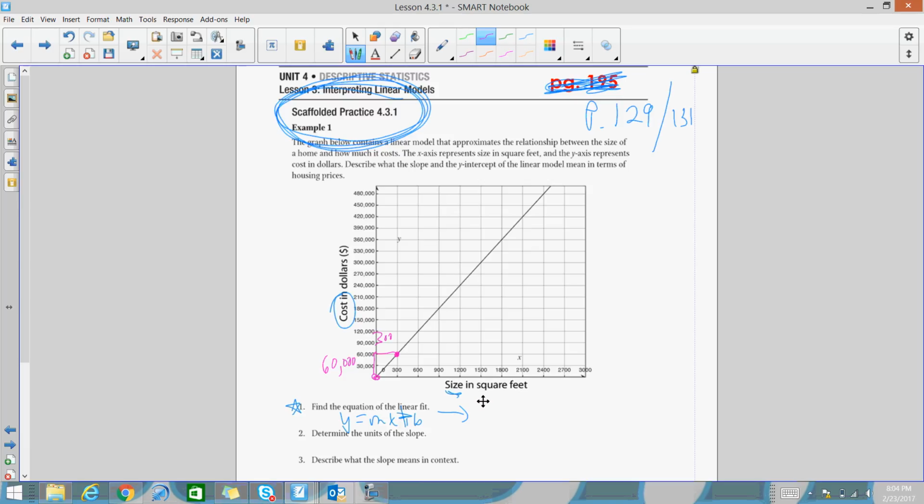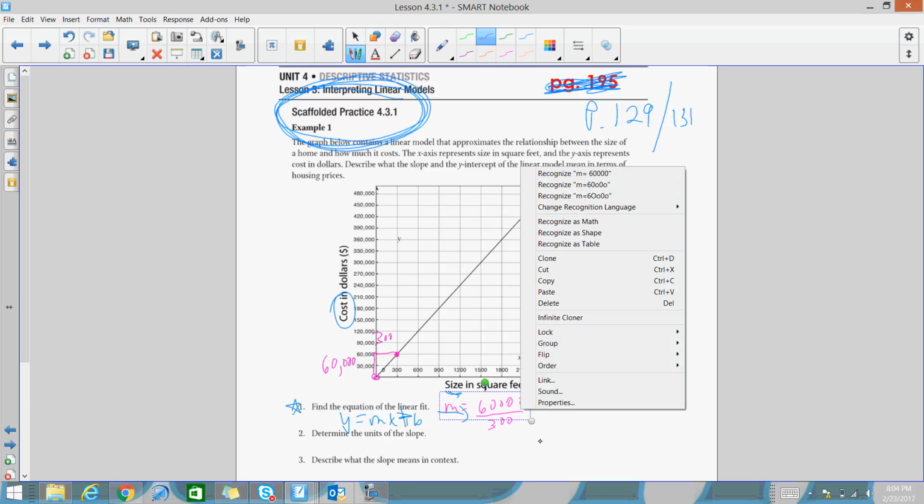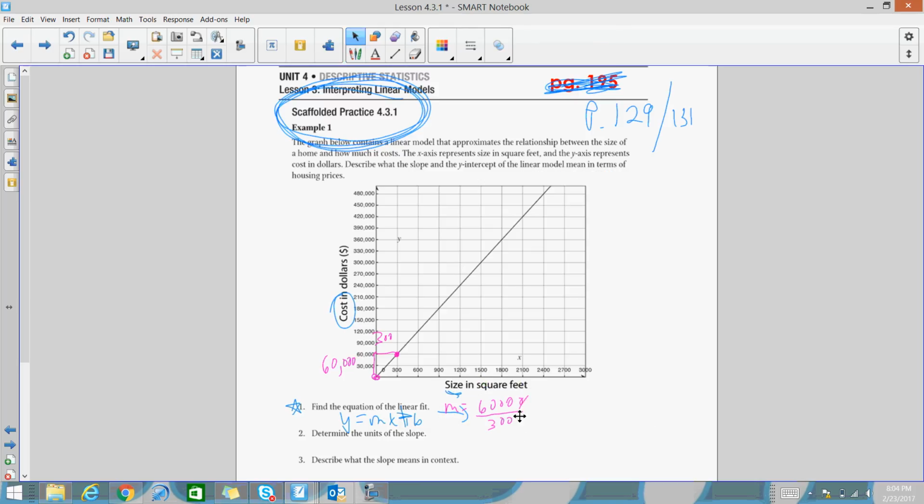So my slope is 60,000 over 300, which you're going to want to simplify. When you simplify this, the zeros cancel out, so you get 600 over 3, which equals 200 over 1.